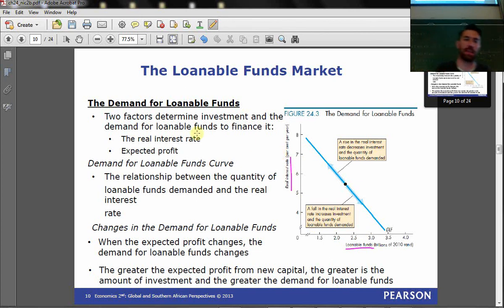And the first thing that we're going to deal with is demand for loanable funds. And surprise, surprise, the demand for loanable funds is downward sloping. There is a negative relationship. So there are two factors that determine investment. When we talk about demand for loanable funds, who is going to be demanding loanable funds?